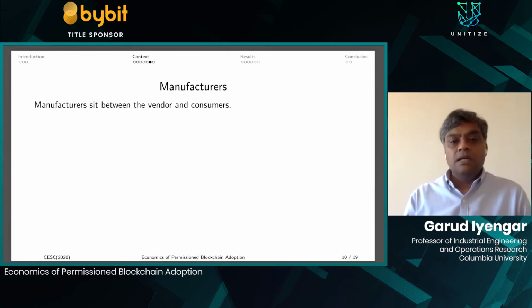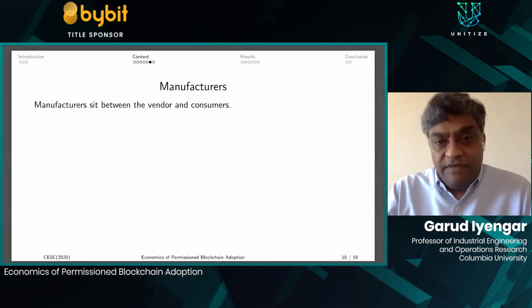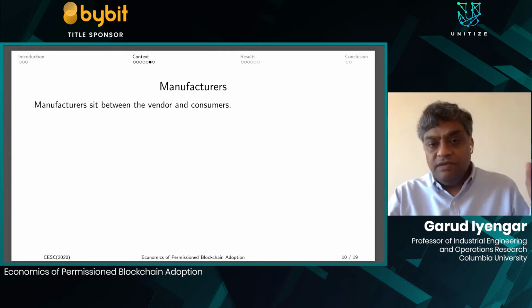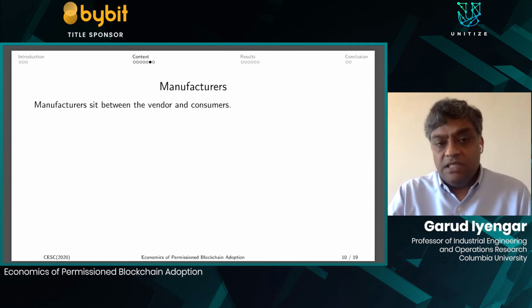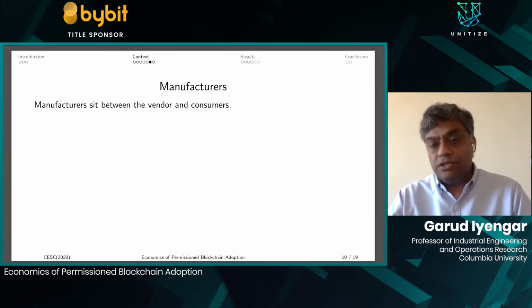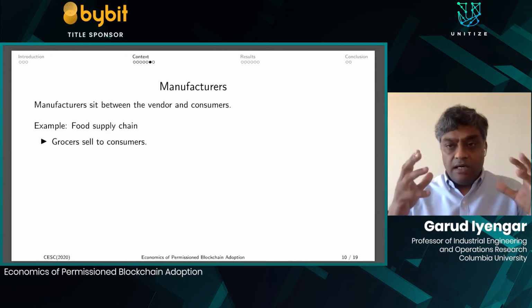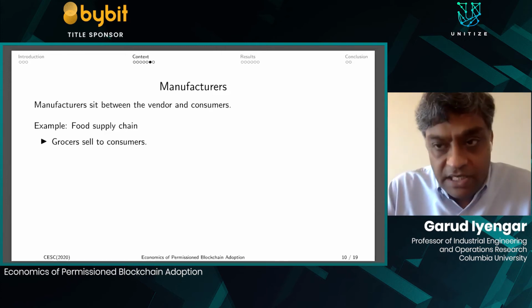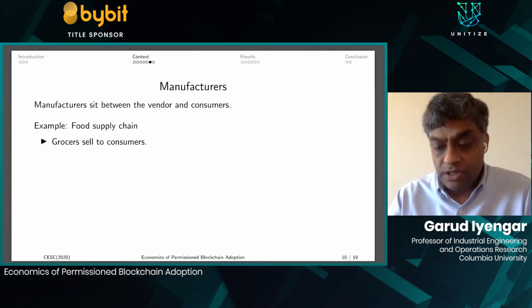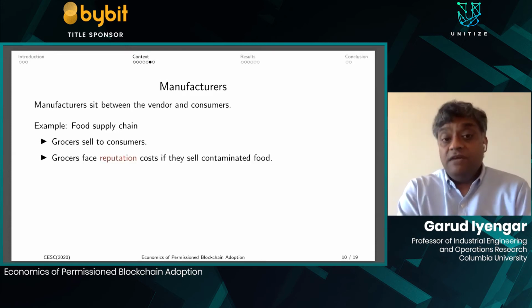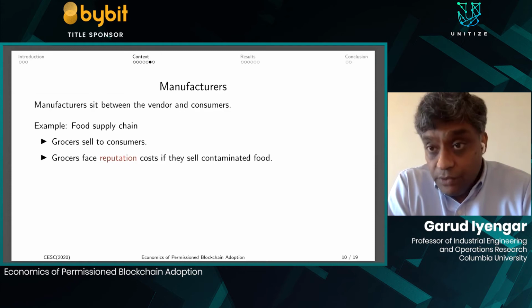All right. Now let's try to understand manufacturers. Manufacturers sit between vendors and consumers. These are the people that buy from vendors and sell to consumers. Again, just to conceptualize the food chain, it's a food supply chain story. Grocers sell to consumers, and grocers pay reputation costs if they sell contaminated food.